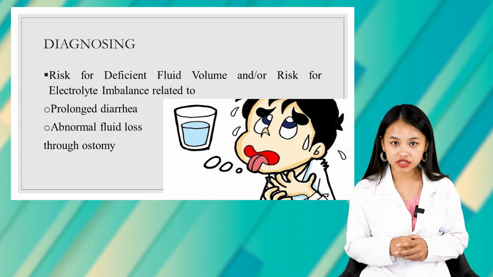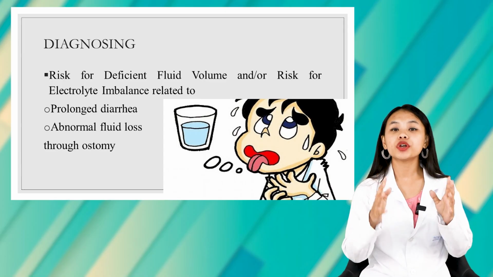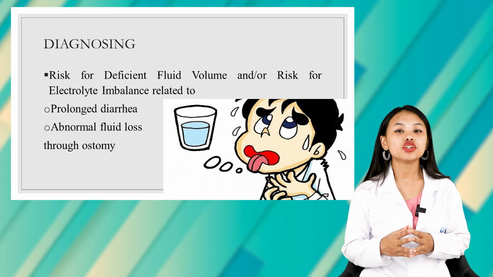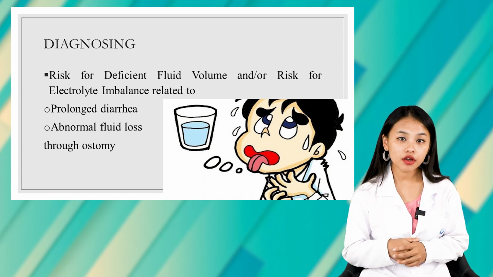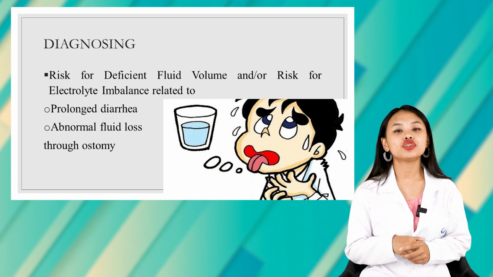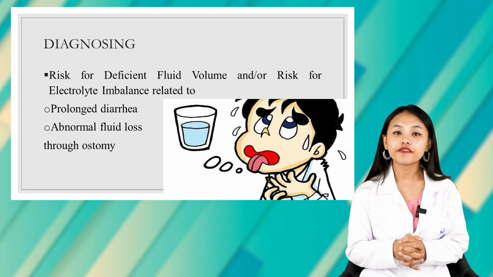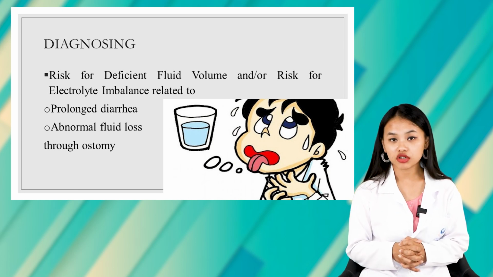So here we will look at a few examples where this consequence may lead to becoming the etiology of the diagnosis. The first one is risk for deficit fluid volume or risk for electrolyte imbalance, which can be related to prolonged diarrhea or even to abnormal fluid loss through ostomy.